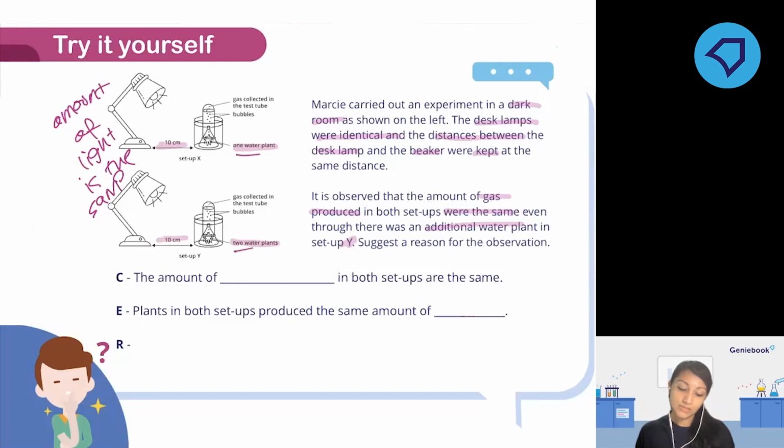So what is the claim? The amount of what in both setups is the same? Before we can answer this question, we have to think back. What is this process testing on? What is the name of this process? Photosynthesis, or when the plant makes food, right?